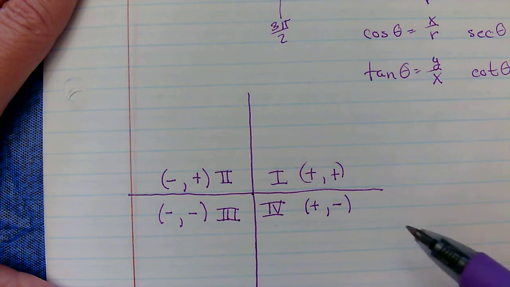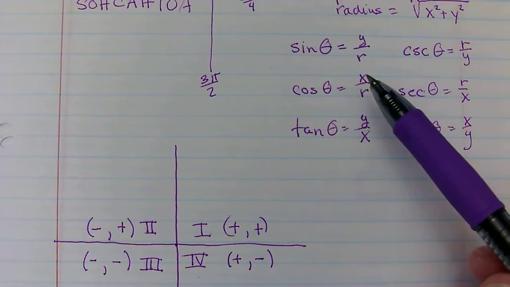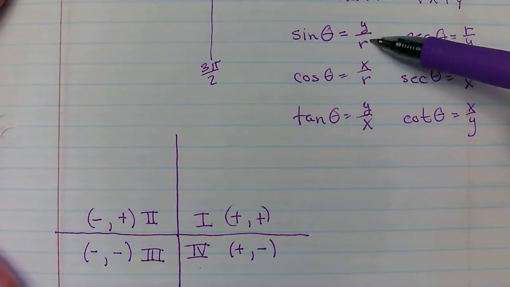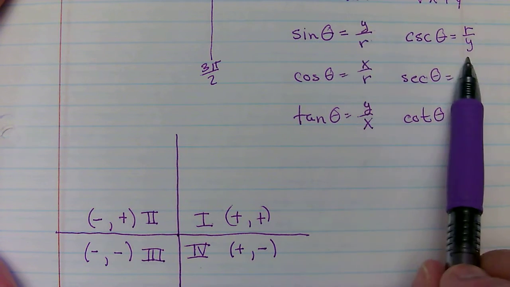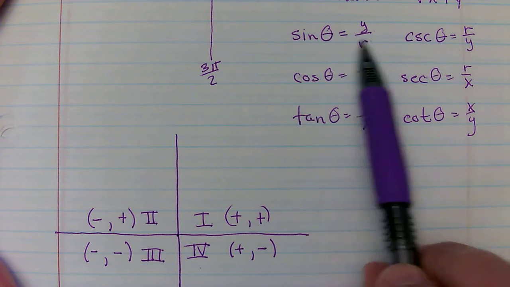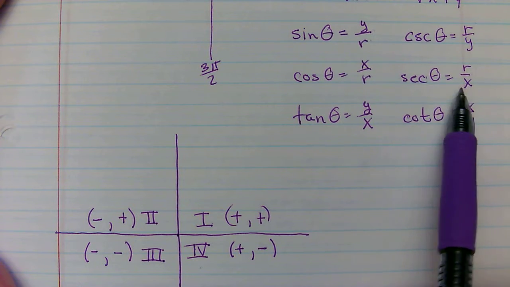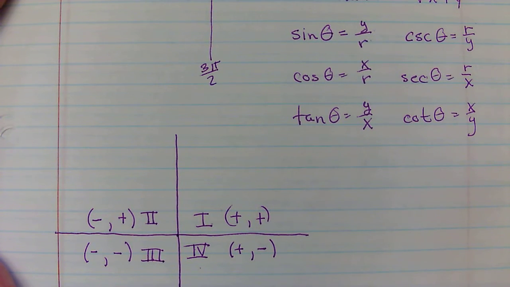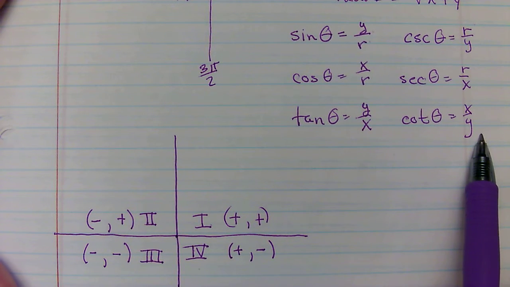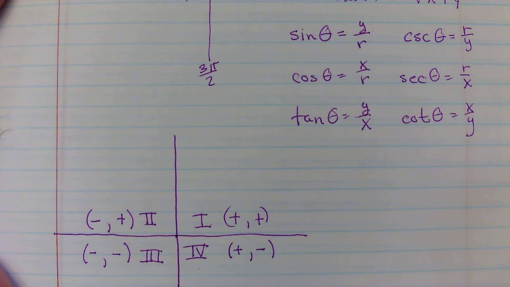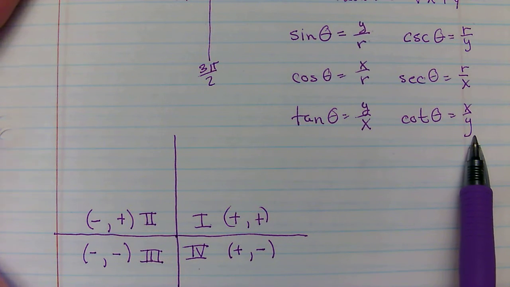So if the radius is always considered positive, then looking again at your trig ratios up here, if r is always positive, then when y is negative, sine and cosecant are going to be negative. When x is negative, cosine and secant are going to be negative. When x and y have the same sign, either both positive or both negative, tangent and cotangent are going to be positive. When they have opposite signs, they'll be negative.